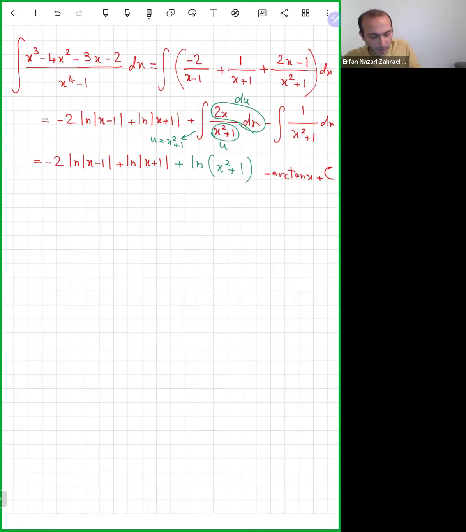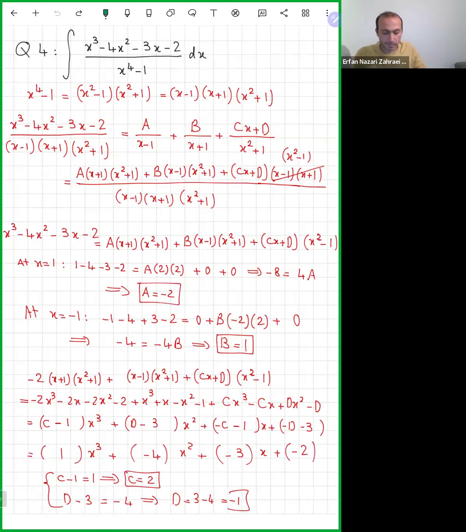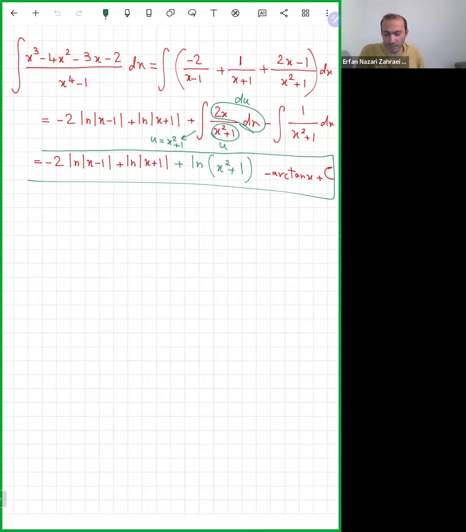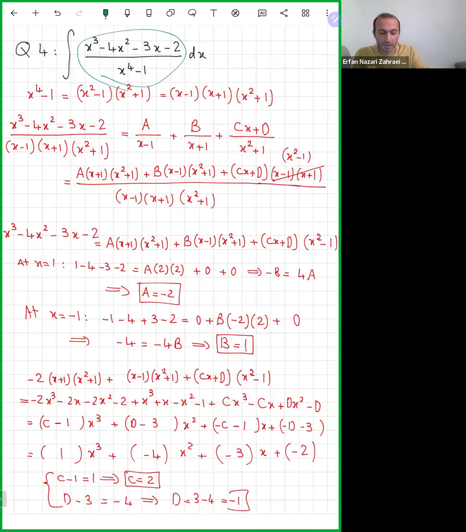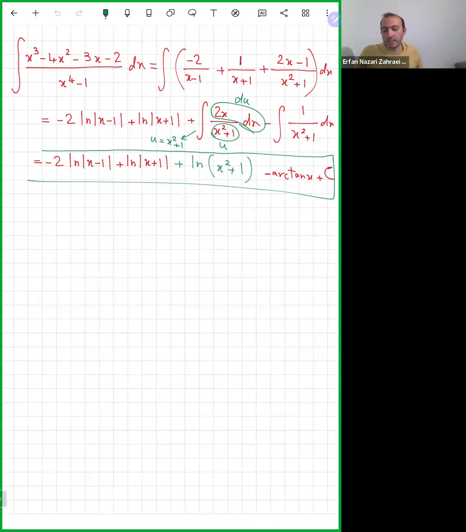And this is the final answer for this question. As you see, partial fraction decomposition method is very powerful. If you have basically any rational function, it systematically decomposes it into simpler components, and each of the components is an easy integral to handle.